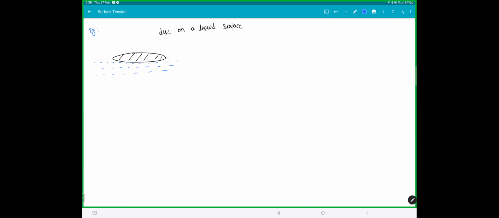If you put a finger on the water surface and try to pull it up, did you ever observe the water actually slightly rises? Meaning, don't pull too much. If you just slightly try to pull it, you will observe you will get a surface like this. The water kind of sticks to the disk. This is how it becomes.